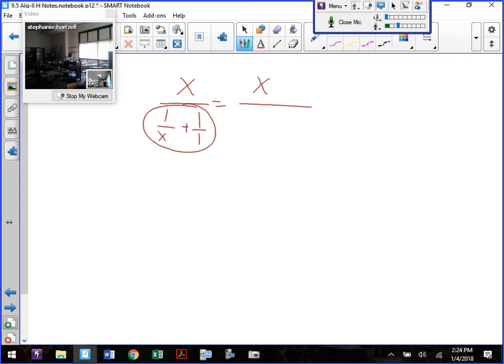In this case, this portion can easily be rewritten. What's the common denominator of an x and a 1? An x. The only thing they have in common is 1, but the common denominator between x and 1 would have to be x. Okay.